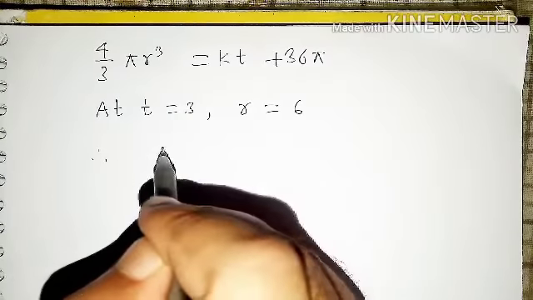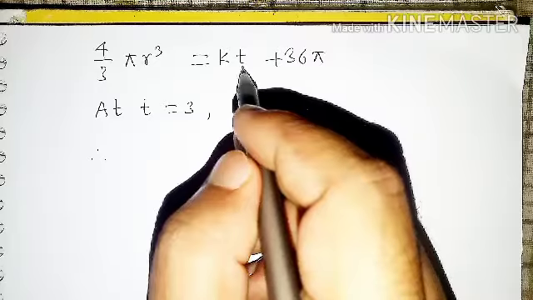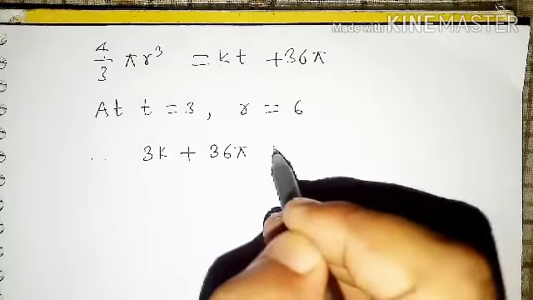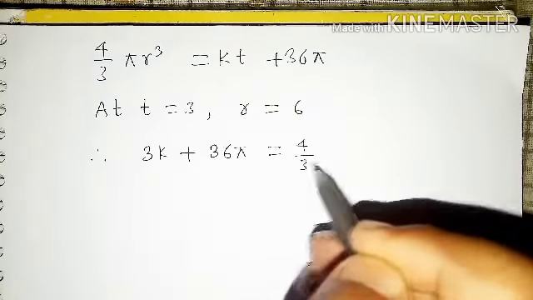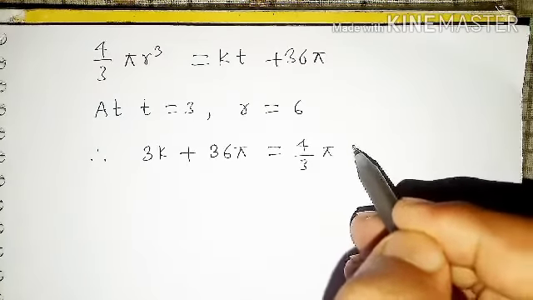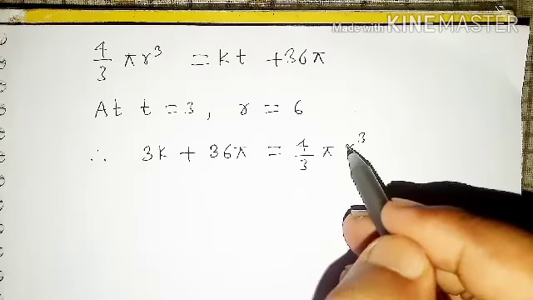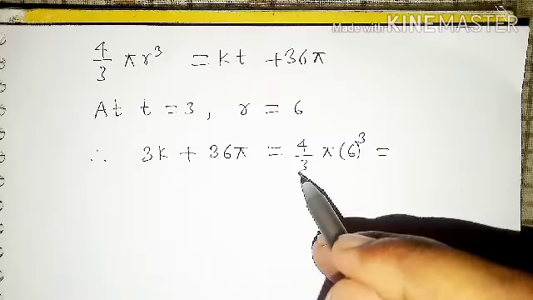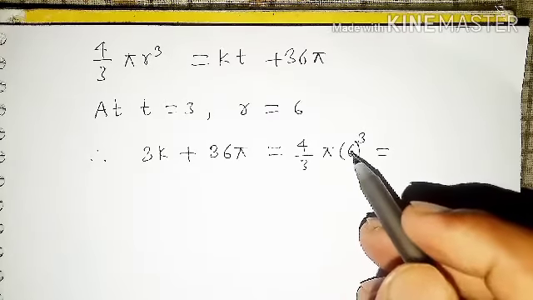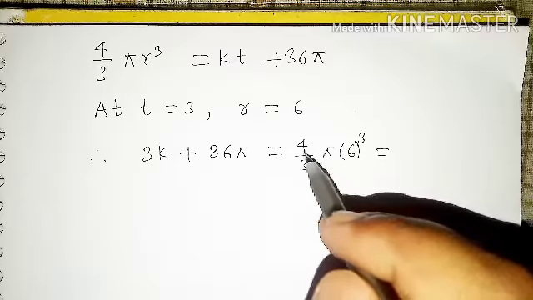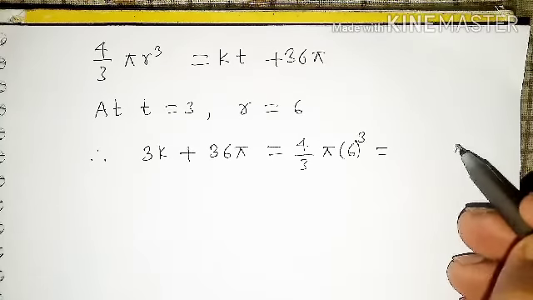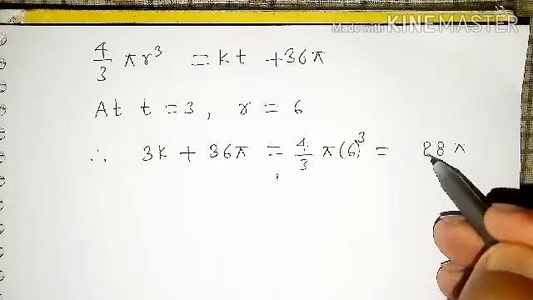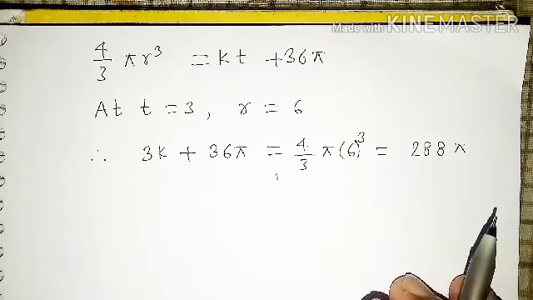Therefore 3k plus 36 pi is equal to 4 by 3 pi 6 cube. 6 cube is 216, and 216 after division by 3 we have 72. 72 into 4 is 288.